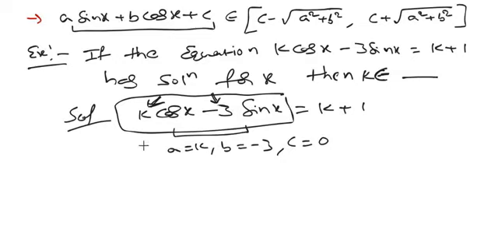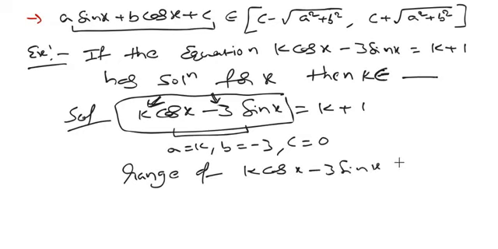So then the range of k cos x minus 3 sin x is the closed interval from c minus root over a square plus b square to c plus root over a square plus b square.